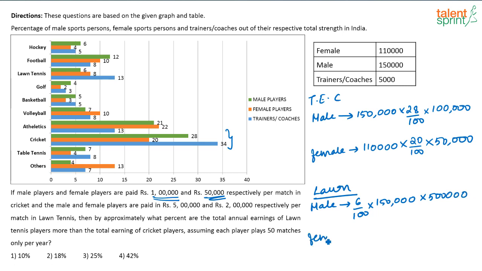Similarly, if you look at female players, it is how much it is? 8%, not 20. Lawn is here, right? Lawn. So this is 6, female is 8. 8 by 100 of 110,000. And how much are they getting? They are getting 2 lakhs per match.